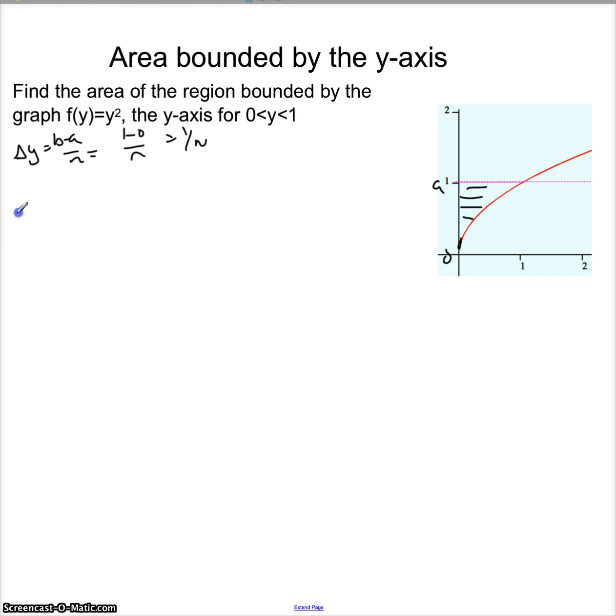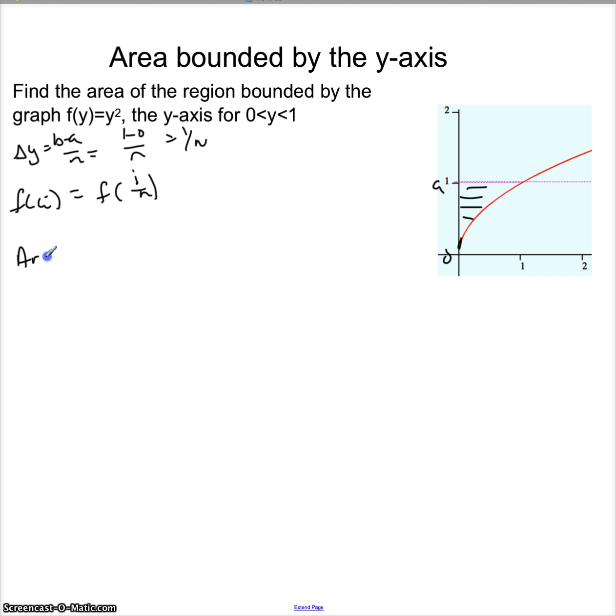And then c sub i, we're going to want to use as i over n. So it's going to be f evaluated at i over n.